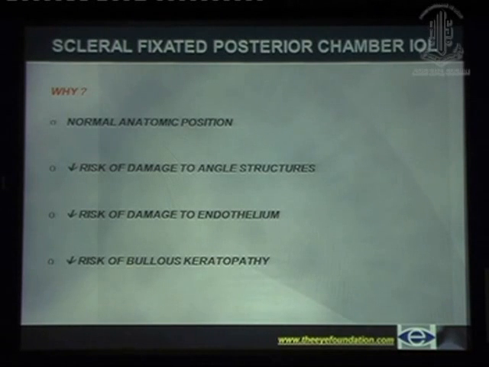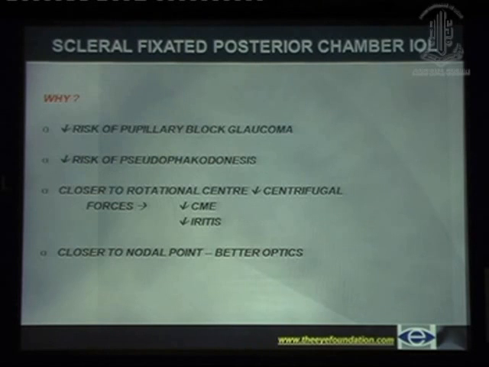We all know that the posterior chamber is the normal anatomical position of a human crystalline lens, and since it is away from the endothelium, there is less chance of damage to the endothelium and subsequent bullous keratopathy, and there is decreased risk of damage to the angle structures, which can reduce the incidence of secondary glaucoma.